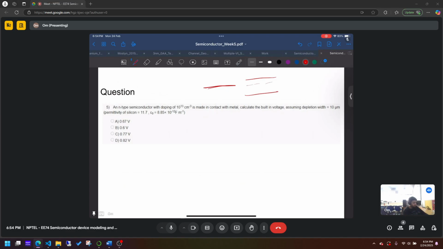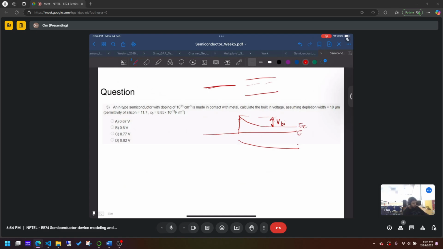When they come in contact, they will form some band diagram, something like this, right? So this is VBI that we have to find.